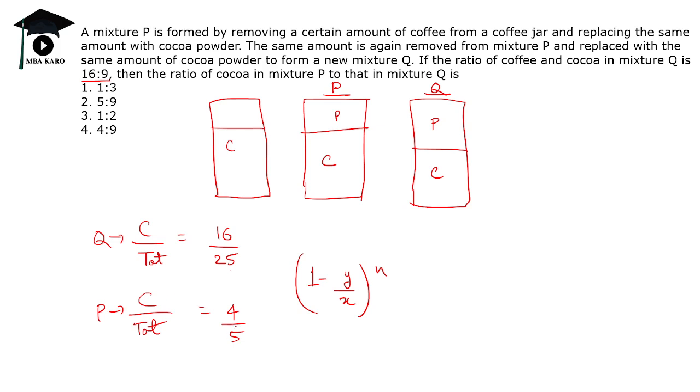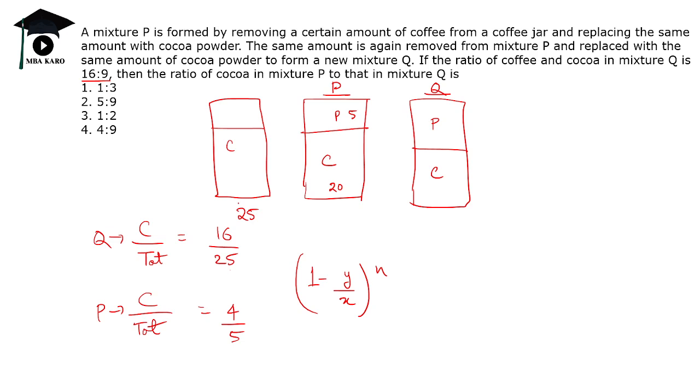So coffee will be 4 parts, total will be 5 parts. Now let us take this total as 25. Suppose the volume is 25. So after the first removal it will be 4 ratio 5. So coffee will be 20 and coffee powder will be 5.